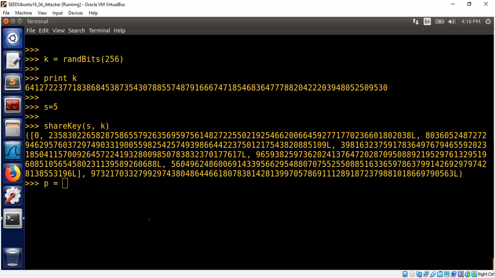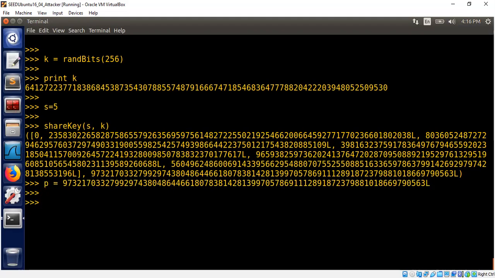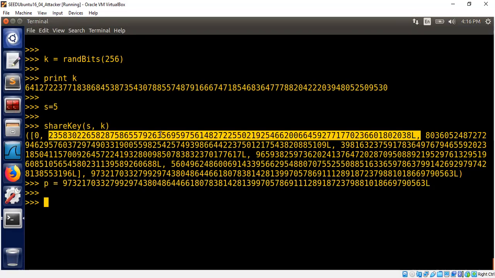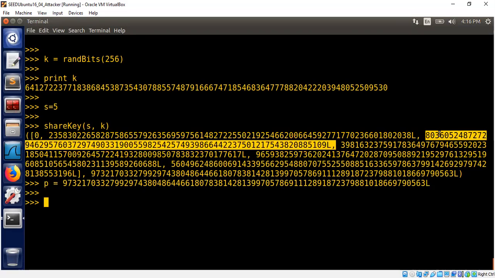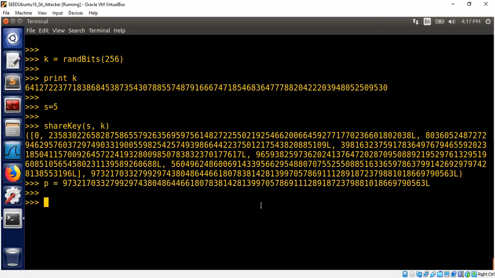Now we have to assume that the master already sent these values. This is for the first node, this is for the second node, and so on. Let's now try to reconstruct it. Let's say only the third node and the fourth node are alive, the rest of the nodes died. Can we reconstruct the same key k? So I equals 3.